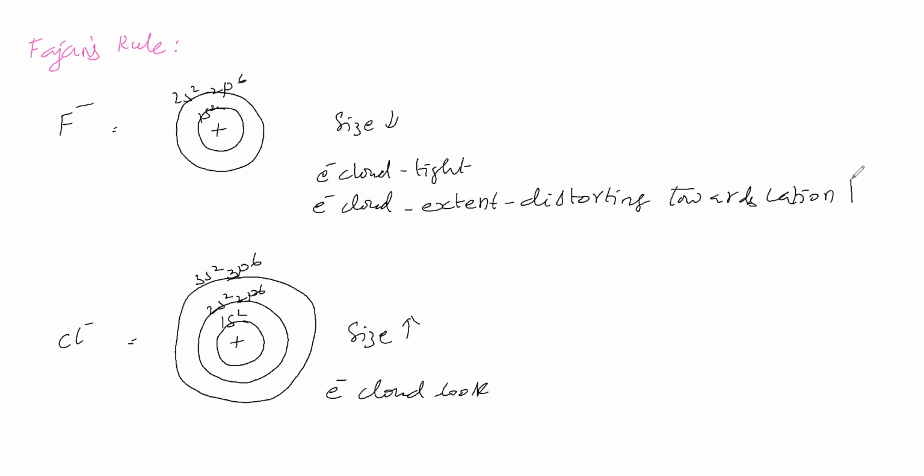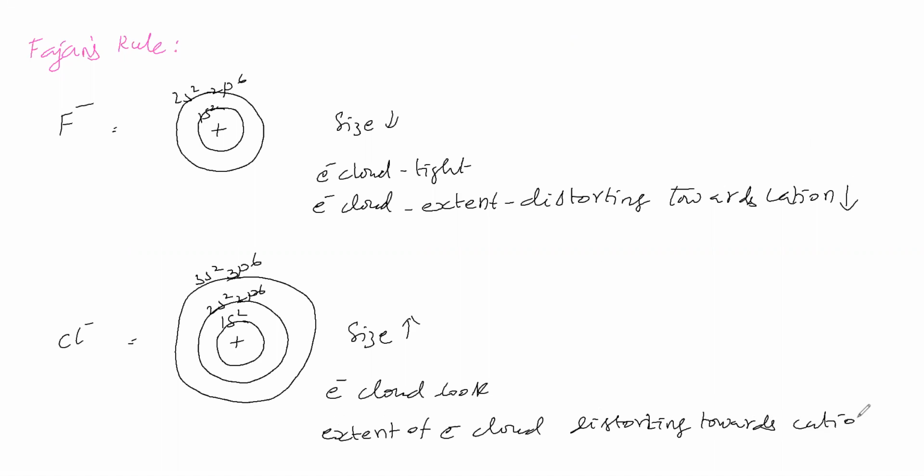Here the tendency is lesser when compared to Cl minus, but for Cl minus the extent of electron cloud distortion towards the cation is high.